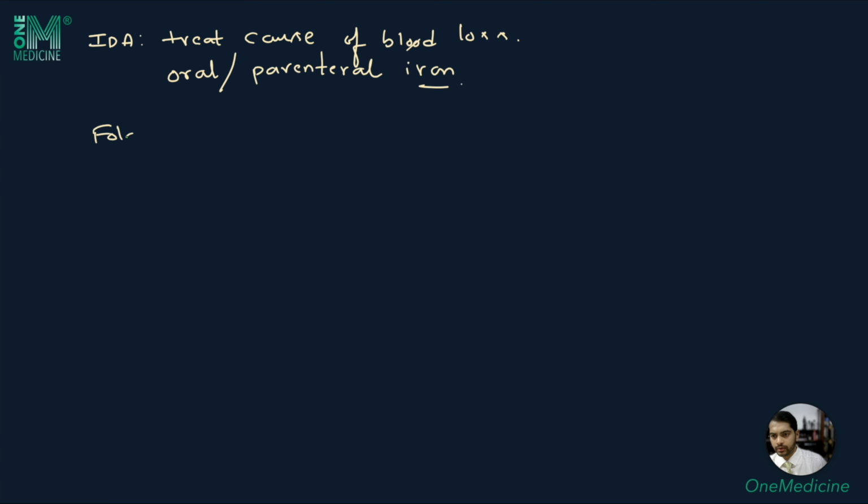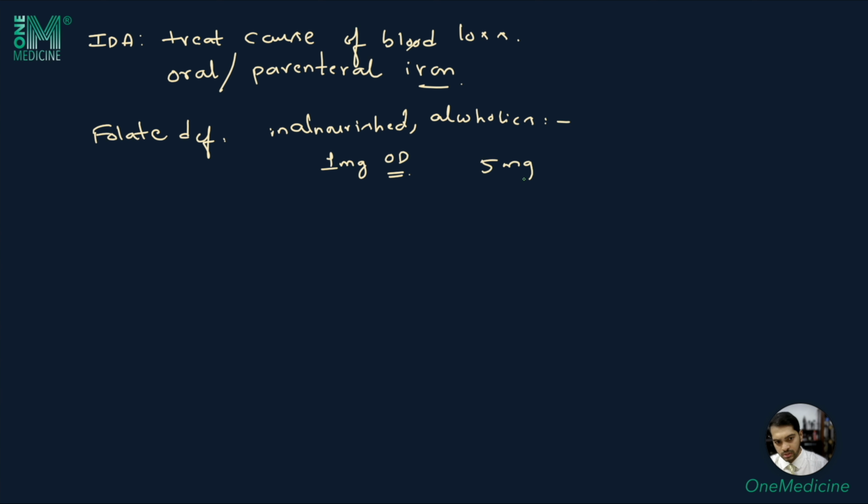In folate deficiency, commonly seen in malnourished alcoholics, folic acid can be given as 1 mg per day dosing and 5 mg per day for patients with malabsorption.